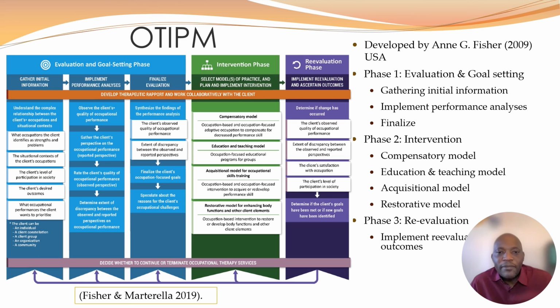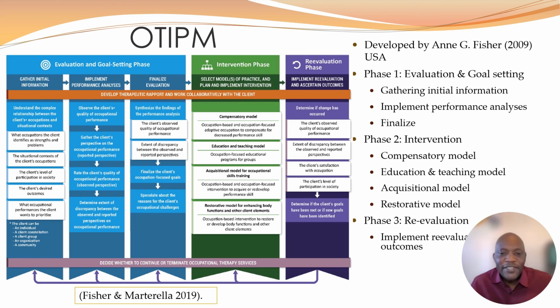So OTIPM has got 3 key stages. There's phase 1, which includes evaluation and goal setting. So remember, in terms of our terminology, in our context, where OTIPM is saying evaluation is actually assessment. And then phase 2 is intervention, which includes the different approaches or models as they are presented by the OTIPM. But in our context, we know that these are actually frames of reference.